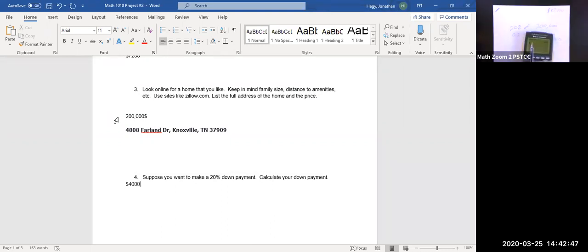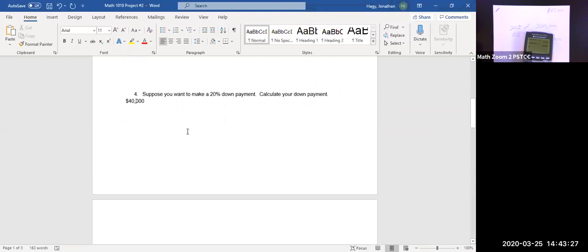I left off a decimal place here. $200,000 times 0.02. No, 200,000 times 0.2. There. 40,000. I thought that sounded a little too cheap. So a down payment will be $40,000.